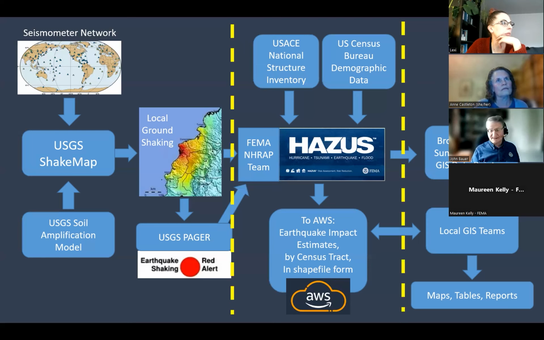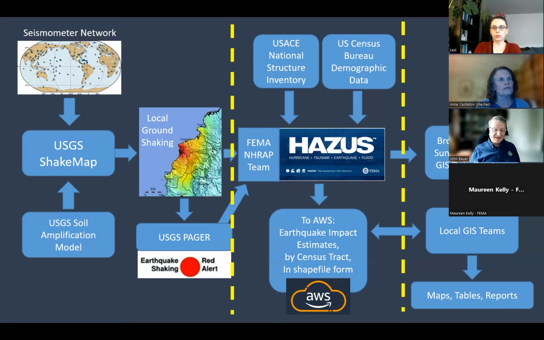And you've likely seen these in media accounts, where the warmer colors show where the shaking was higher and the cooler colors less. And that, yes, that does include a soil amplification model on that. With the USGS Shake Map is also something called the USGS PAGER. And that offers a very quick assessment of fatalities and economic impact for that given earthquake.